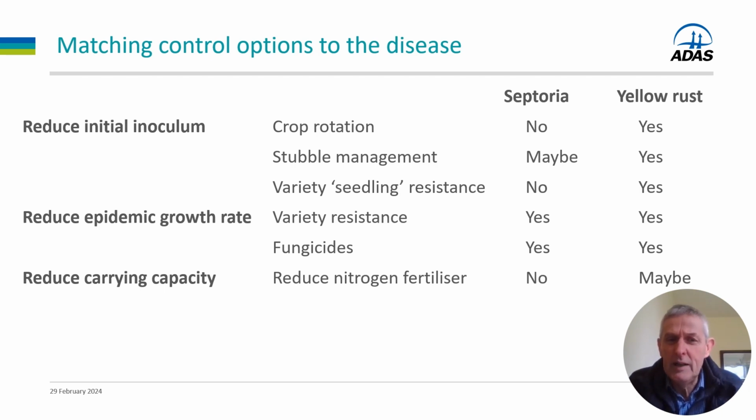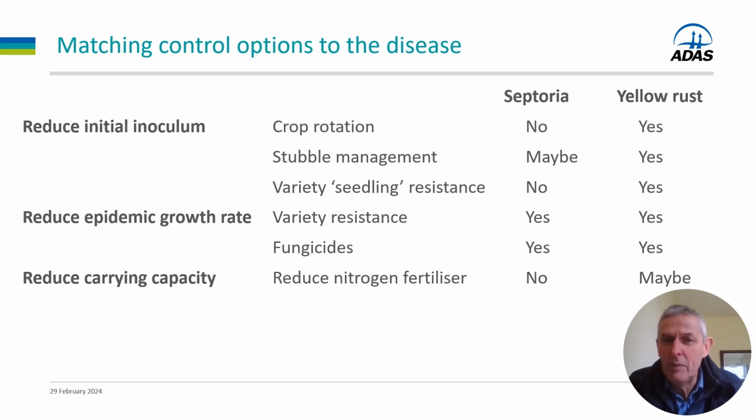But fortunately, the variety resistance we have against both Septoria and yellow rust later on in crop growth is sufficiently effective to reduce the epidemic growth rate. And similarly, we have really effective fungicides against both pathogens. And then finally, our ability to reduce carrying capacity.